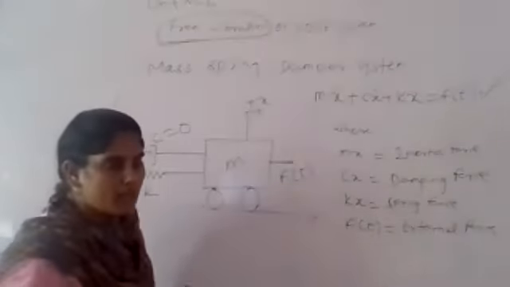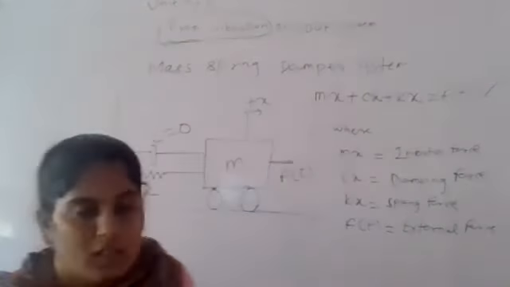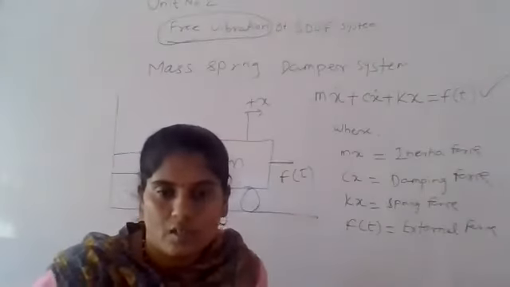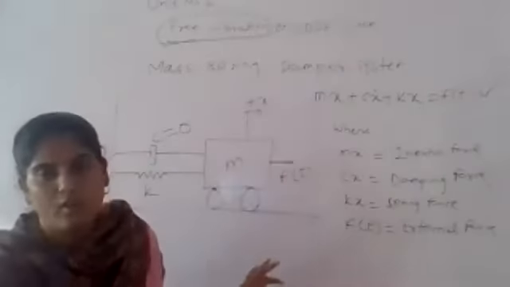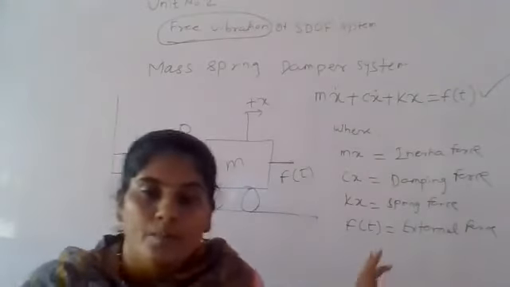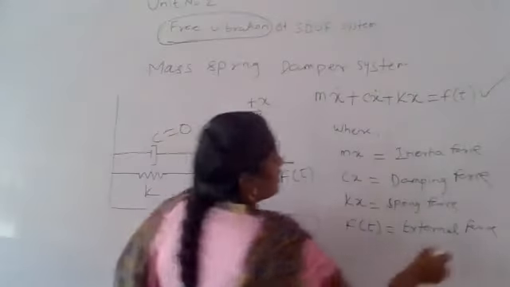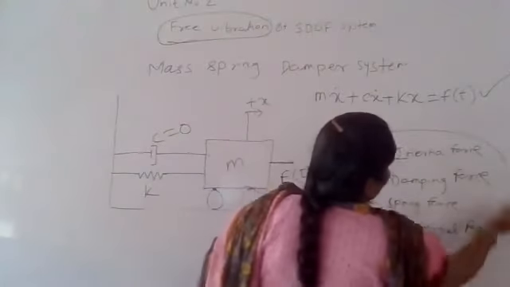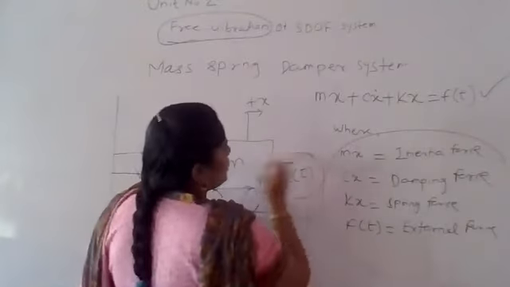Okay, so इकडे बघा, we already know every system has an equal and opposite reaction. So in this system, whatever internal forces are produced are equal to the external forces. Which are those internal forces? All these forces are internal forces, and which is the external force? That f of t is the external force.